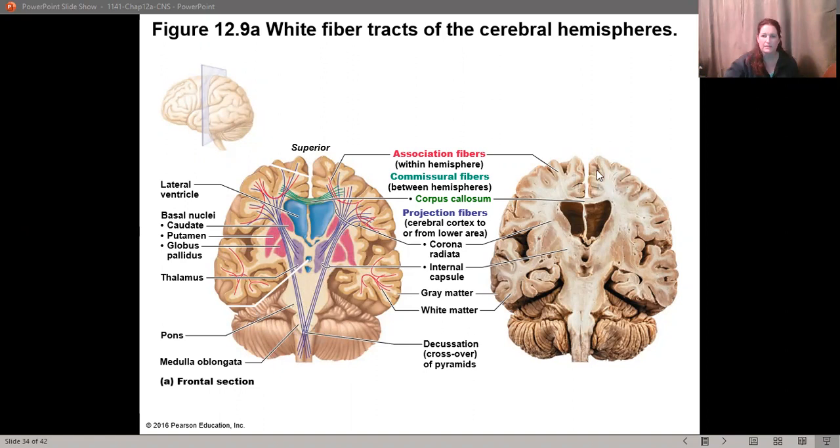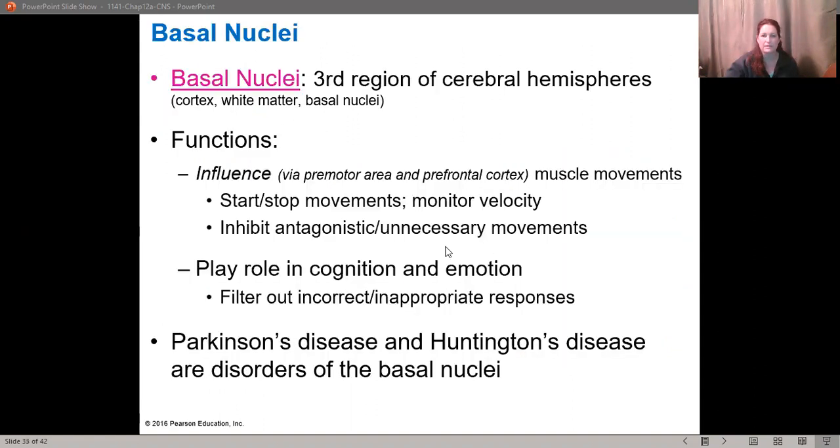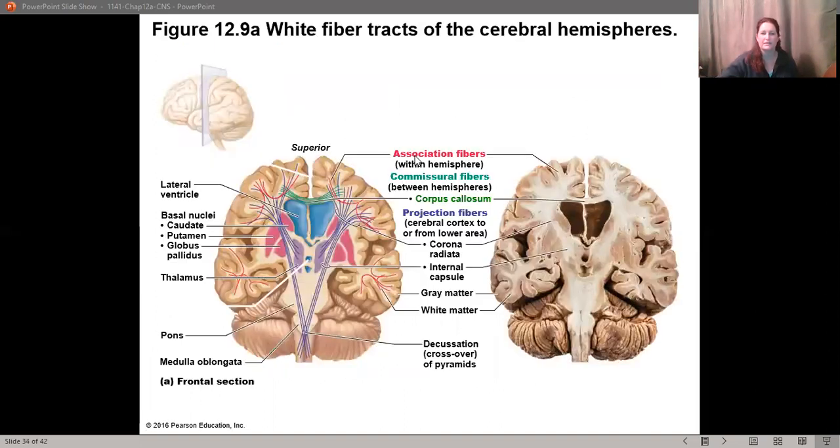Okay, so here is the cortex, and here is the white matter, and then we have these islands of nuclei called basal nuclei. Our basal nuclei are the third region of the cerebral hemispheres. Their function is to influence movement. So they're going to work with the premotor and prefrontal cortex.